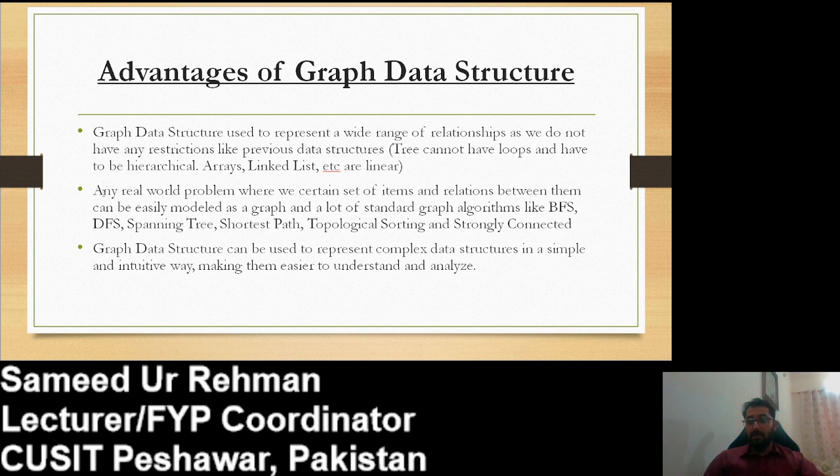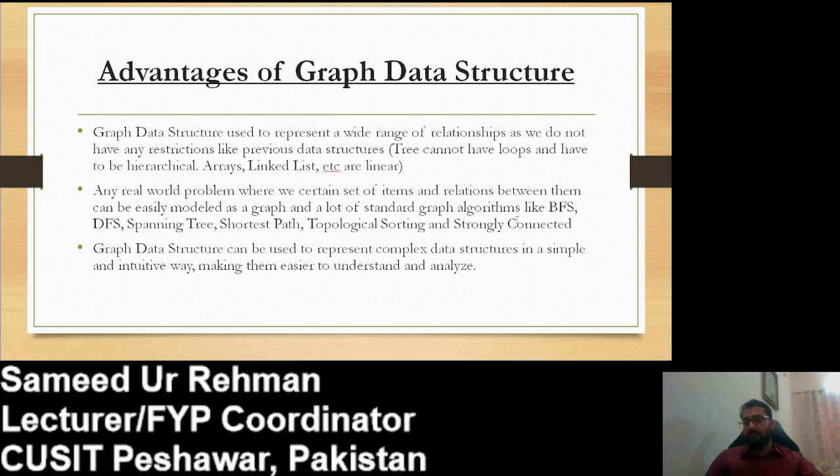The other example is any real world problem where a certain set of items and the relationships between them can be easily modeled. As previously explained, in the scenario in which the nodes represent the users and the relationships between them represent the edges, where there are persons or customers, we can easily model that as a graph.